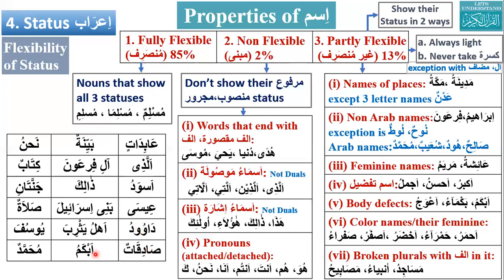Abkamu, Manal. Abkam is the mute. It is a body defect. So it is partly flexible. Muhammadan, Manal. Fully flexible. Excellent. So these are the different flexibility statuses: fully flexible, non-flexible, and partly flexible.